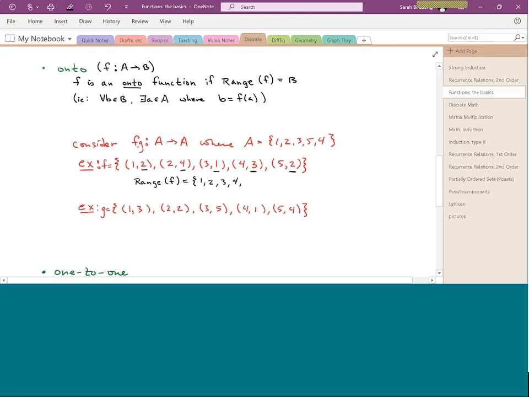We sure do, but it's 2, and we already wrote down a 2, so we can close this off. We just found that our range was the integers 1 through 4. So what do you guys think? Is this function f onto? The only answers are yes or no. Yes, it's onto, or no, it's not onto. What do you guys think?